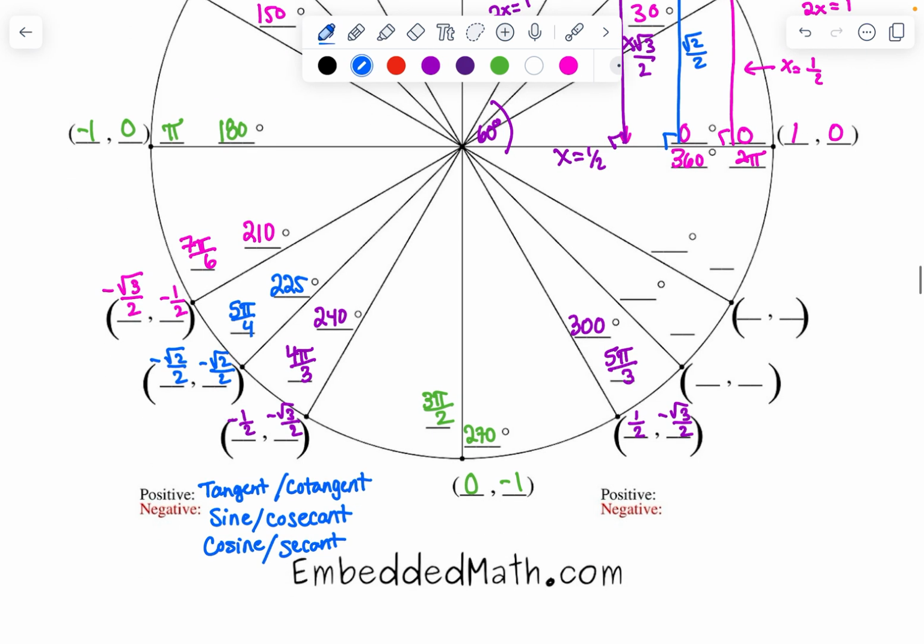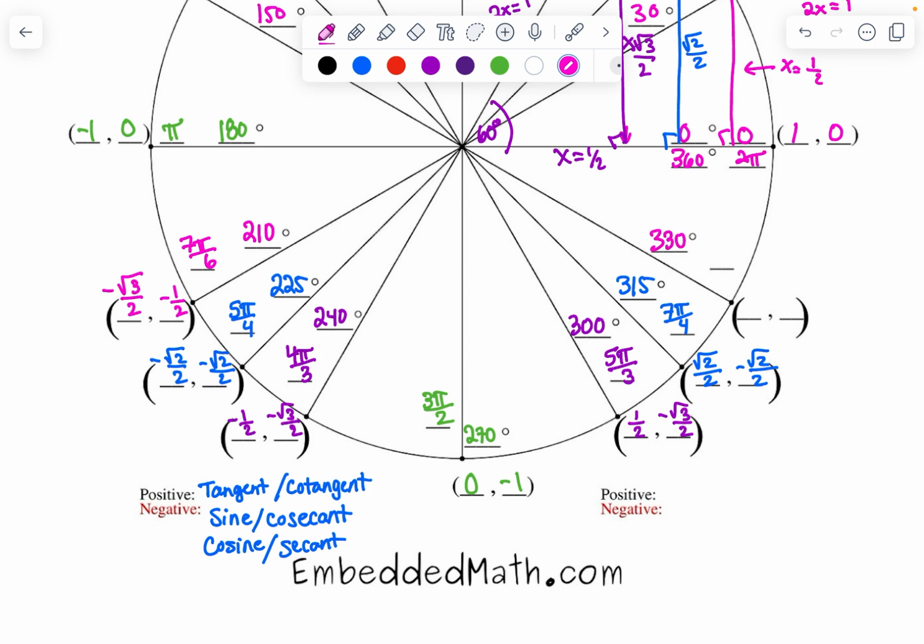If we go 45 degrees beyond 270, we are at 315 degrees, or 7 pi over 4. So again, x would be positive, y would be negative, or cosine is positive, sine is negative. And so if we go 60 degrees beyond the 270, we're at 330.